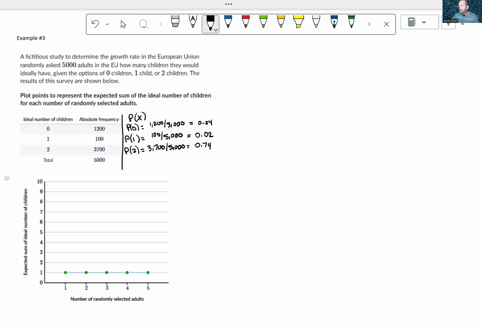Okay, so we're going to calculate the expected value for 1 adult. Let me just write that out so we know exactly what the expected value means in this case for 1 adult.